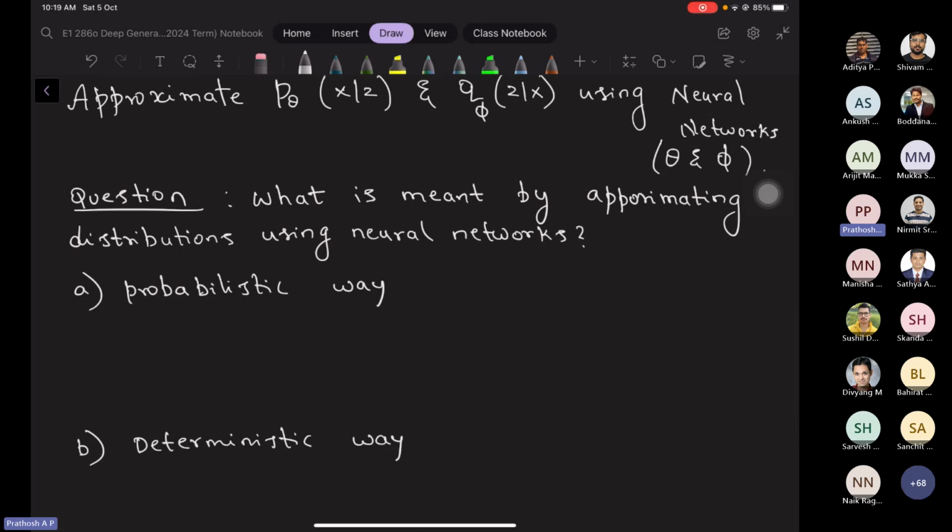Let's say that there is a neural network here. This is like q phi of z given x. Now, this takes a sample as input.